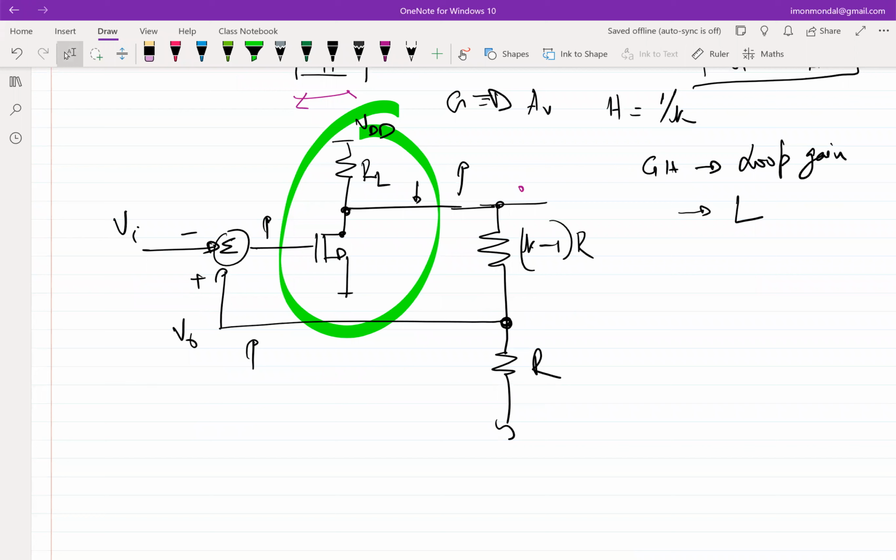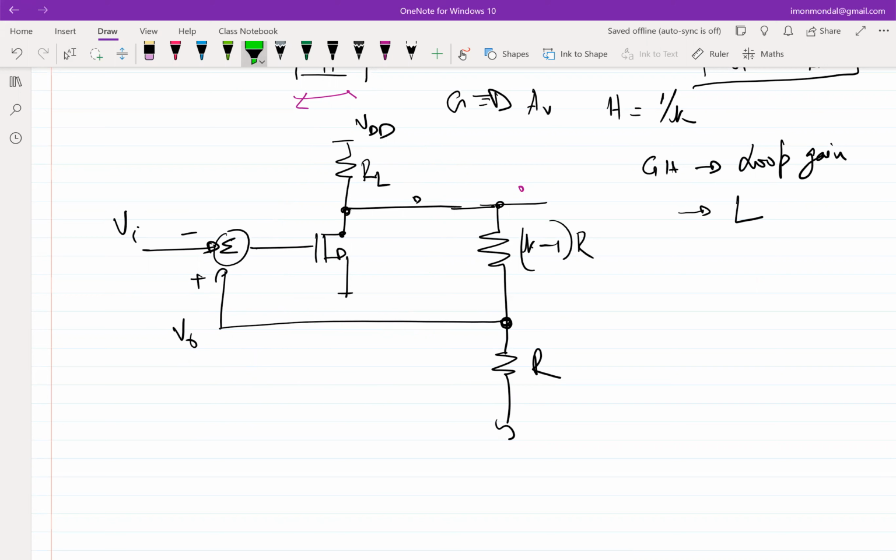So now, without too much thought, I had simply loaded the common source amplifier output with a resistor stack of value K-1 R in series with R. So effectively, I have loaded with KR, right?